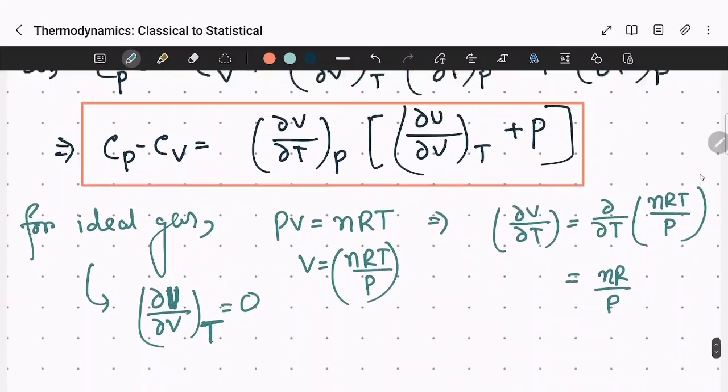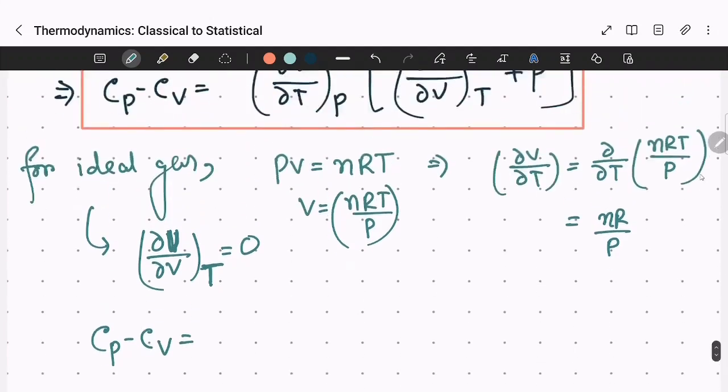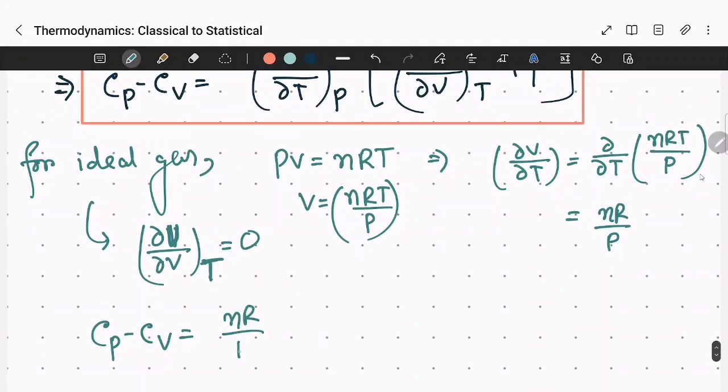So this part will be 0. So obviously Cp minus Cv will be nR by P into (0 plus P). That means nR.